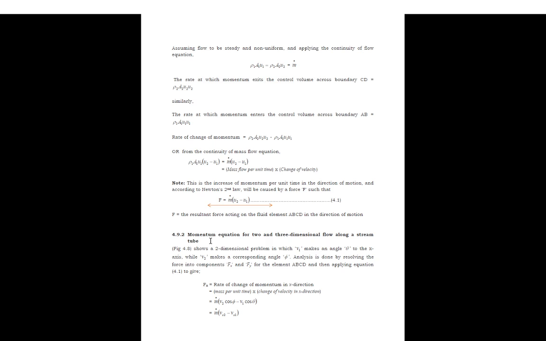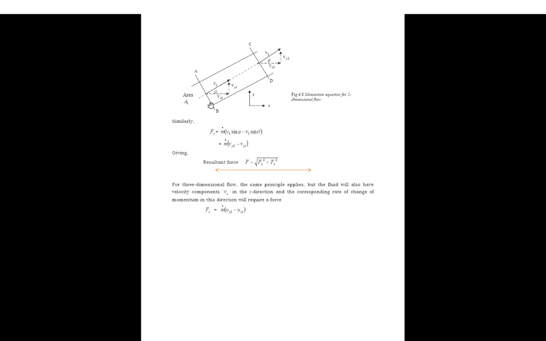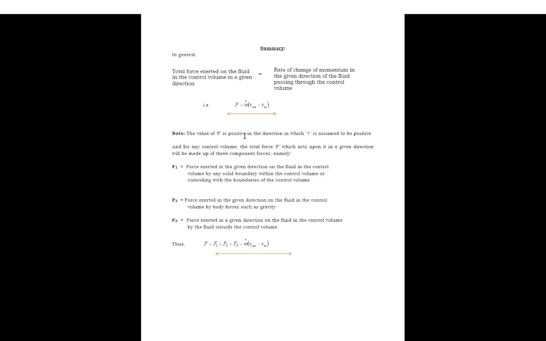Now, under normal circumstances, if it is 3-dimensional or 2-dimensional, it is important for us to have a resultant force. In terms of flow, there are 3 things to follow. When a fluid is flowing in a pipe, 3 forces will act on it.